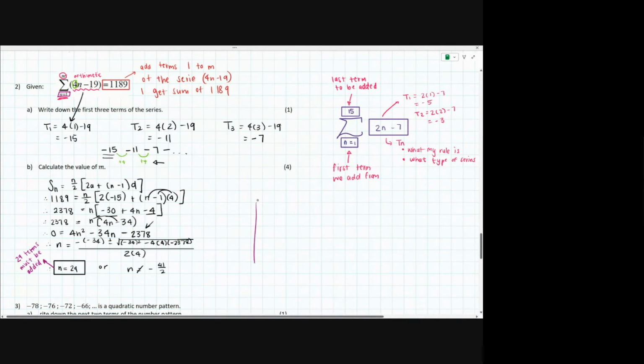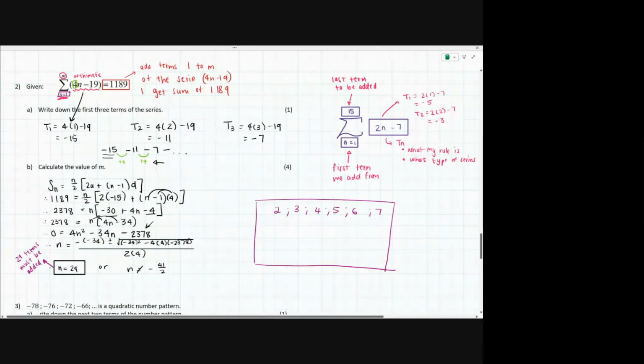However, let's just have a look here. Let's say, for example, I had a very basic series, 2, 3, 4, 5, 6, 7, right? And let's say, for example, I only added terms 3 to 7. So 4 plus 5 plus 6 plus 7.